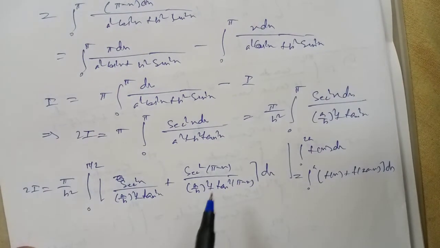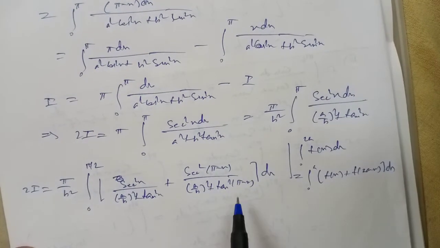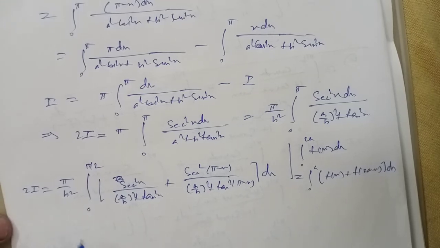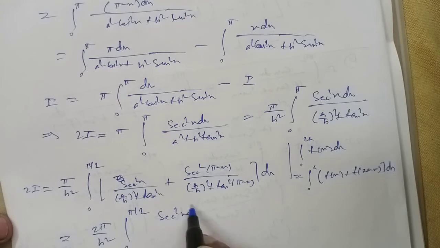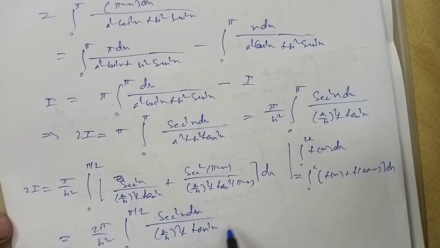Look, sec square of pi minus x is sec square x, tan square of pi minus x is tan square x, so these two become identical. So after adding we get 2 pi by b square, 0 to pi by 2, sec square x dx by (a by b) whole square plus tan square x.